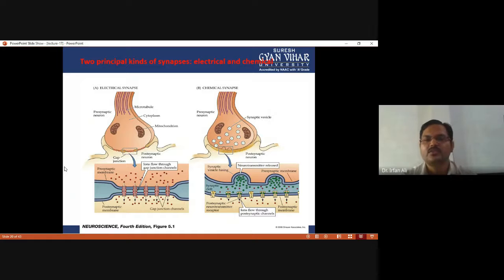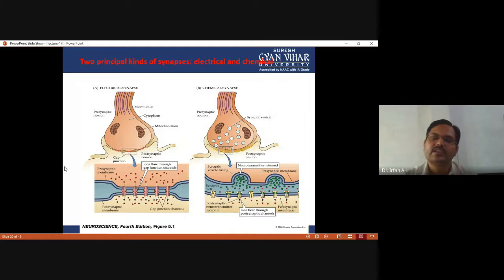You can clearly see that there is a synaptic vesicle fusing, and exocytosis, and the neurotransmitter binds with the receptor present in the end bulb of the postsynaptic neuron. Now the postsynaptic neurotransmitter receptor binds with the neurotransmitter released at the site of the synaptic cleft. Now the ions flow through the postsynaptic channels.